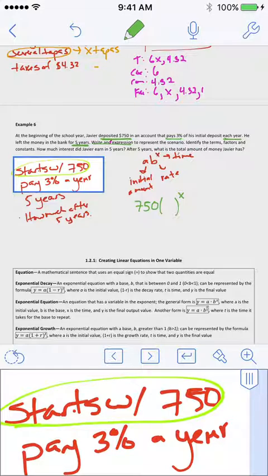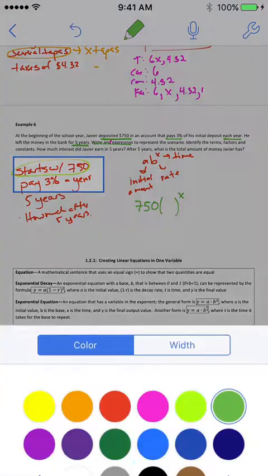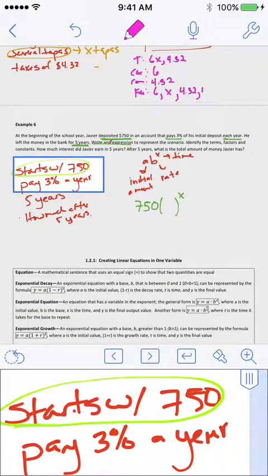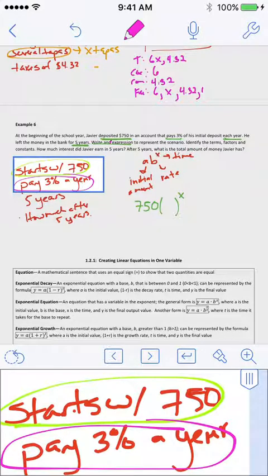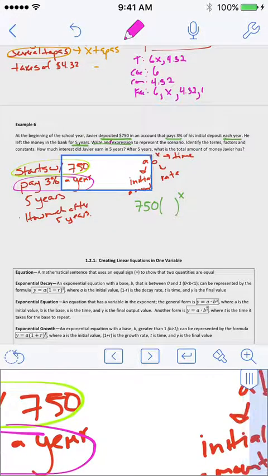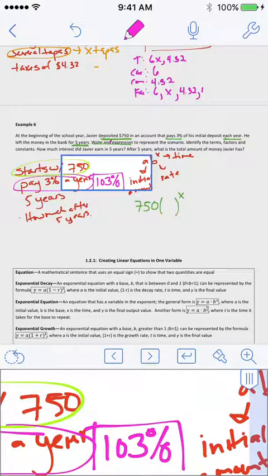Which one do you think it is? It's actually the third one. They're paying me everything back, because you don't want to use a bank that takes your money. You want a bank that pays you more. So they give me the whole $750 back, 100%, and 3 more. So what this actually translates to is 103% each year.